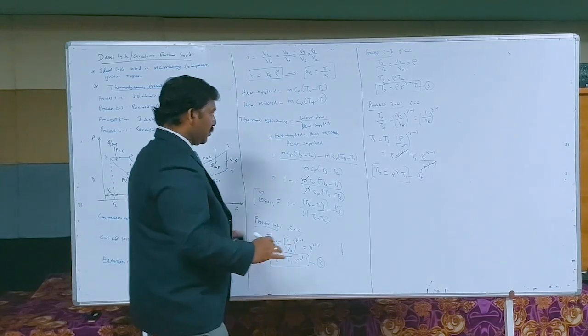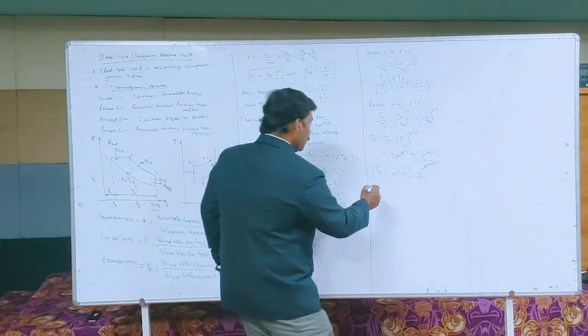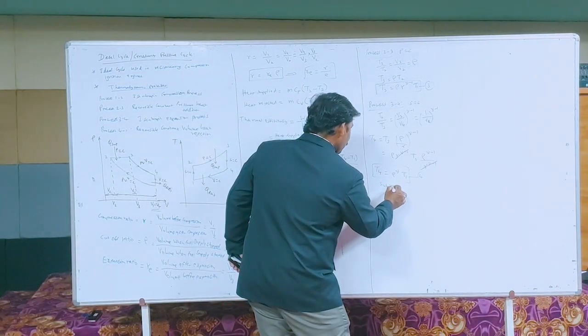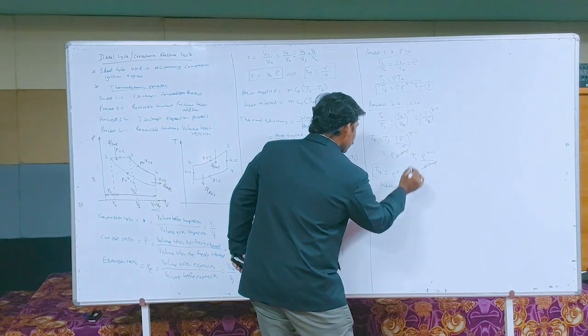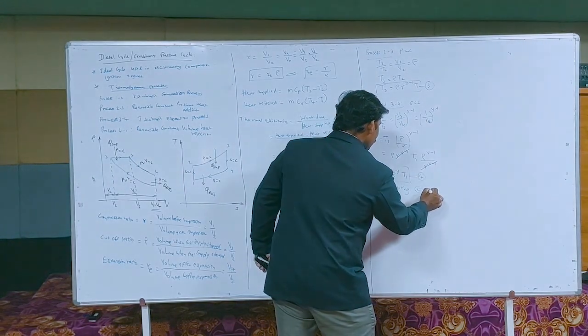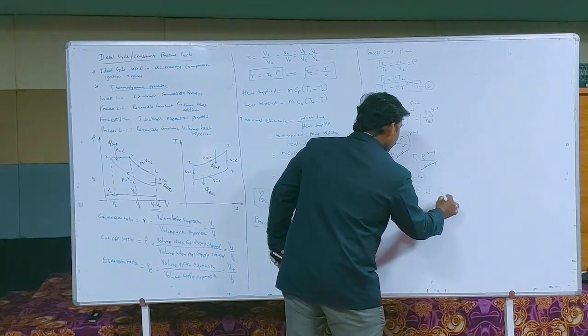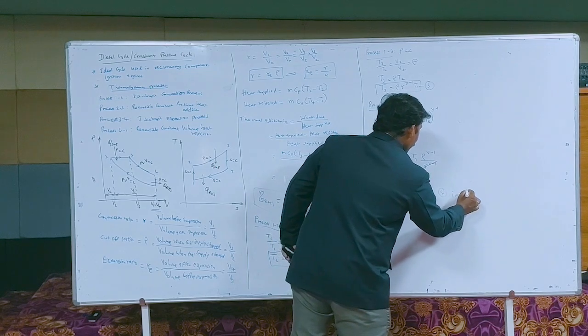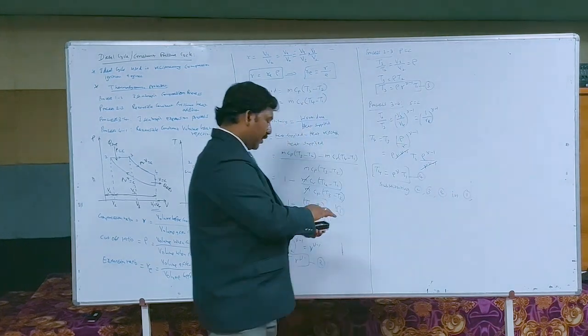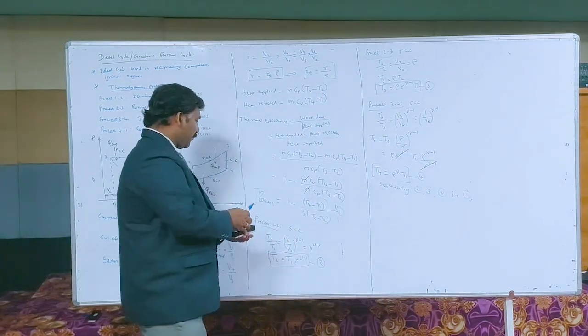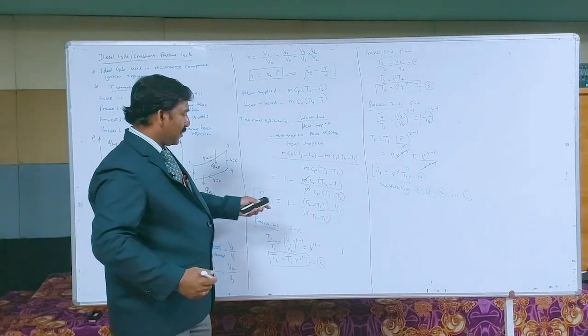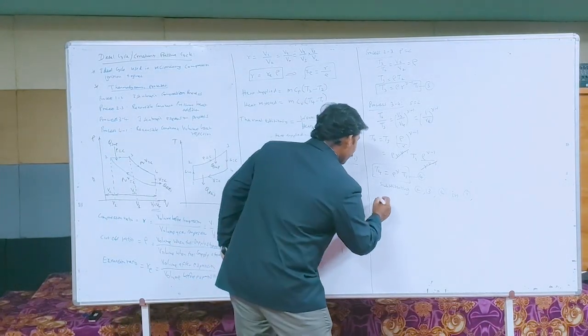Now by substituting the second equation, third equation and fourth equation in equation 1, I will get the efficiency of diesel. In that equation I have to substitute all these.